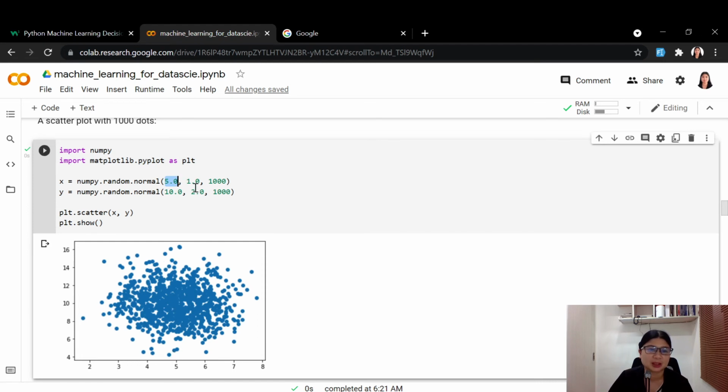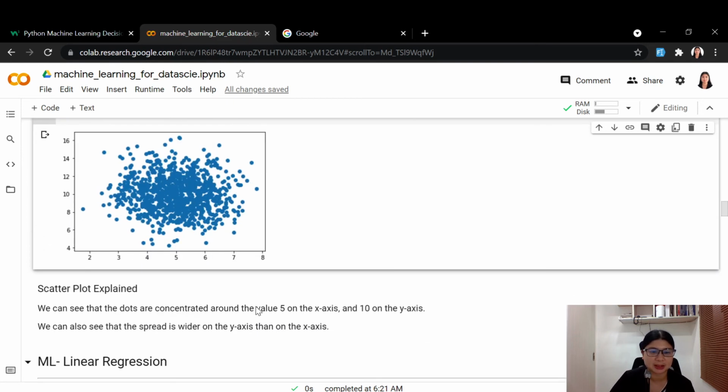So, concentrated sa diri, and standard deviation is 1. So, ang isa naman is 1,000 man gyapon and ara siya sa y, no? Then, ang iya nga mean is 10, and ang iyang standard deviation is 2. Okay? So, amo na siya class.